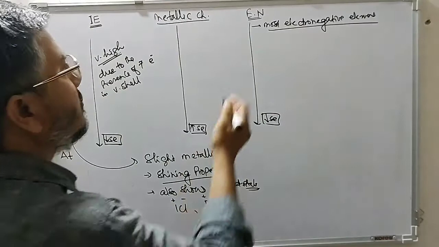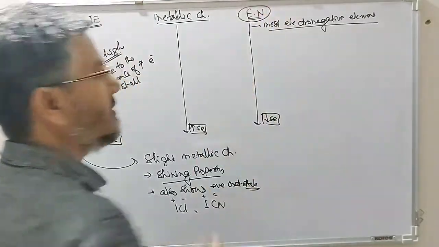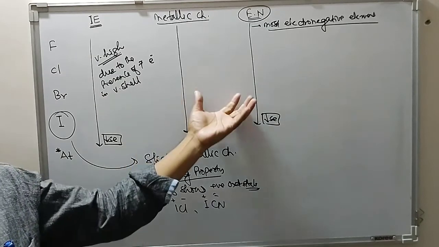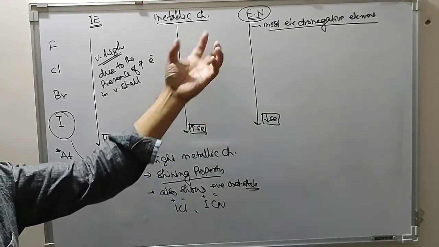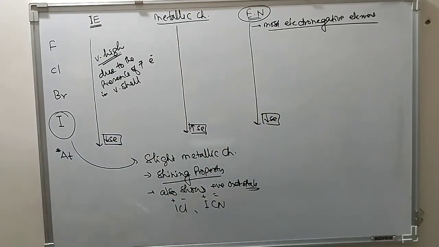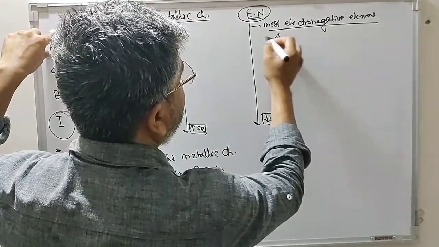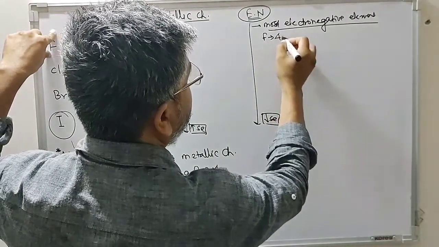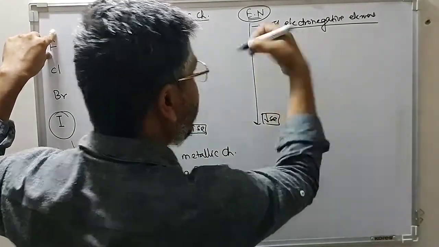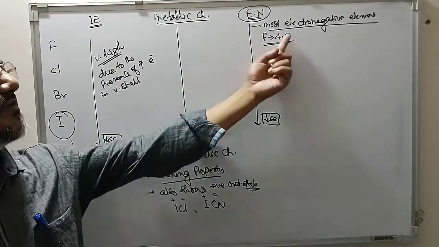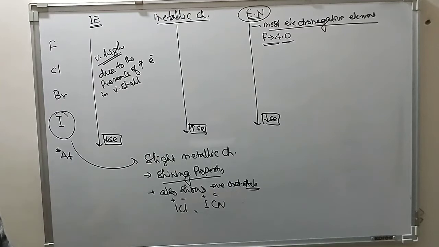No doubt this electronegativity is just a theoretical concept which doesn't have any practical experimental justification. So Pauling says the electronegativity of fluorine is arbitrarily assigned a value of 4. So the highest value of electronegativity is 4.